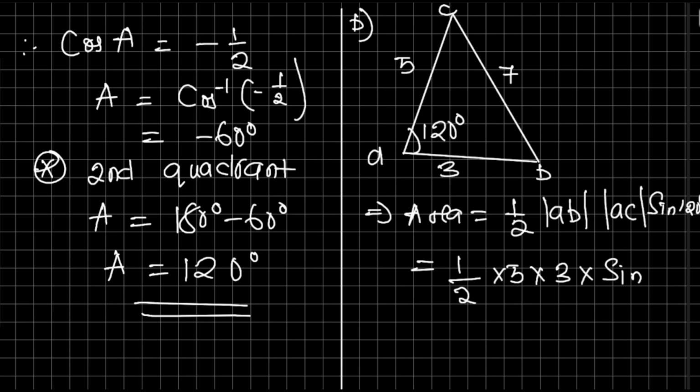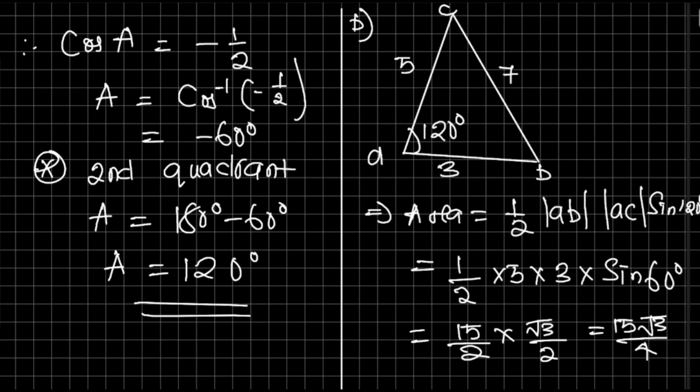Sine 120, of course, is equal to sine 60. Hope you remember, we have to find our answer in surd form. Sine 60 is root 3 over 2. So that would be 5 times 3, 15 over 2, multiplied by root 3 all over 2. So that would be 15 root 3 all over 4.